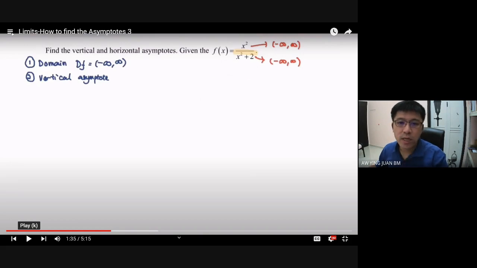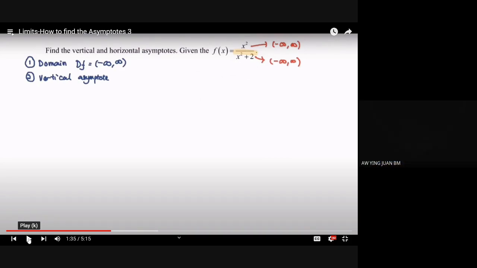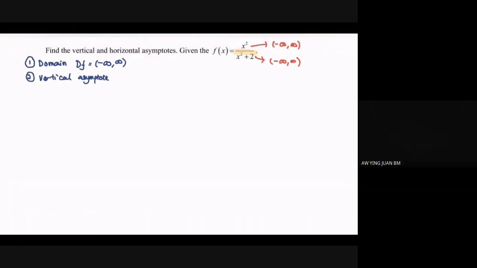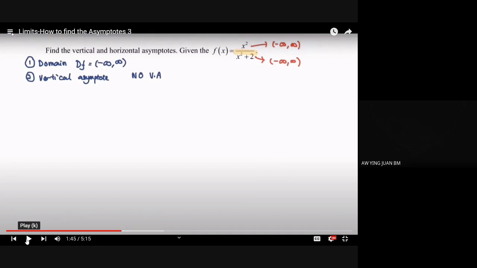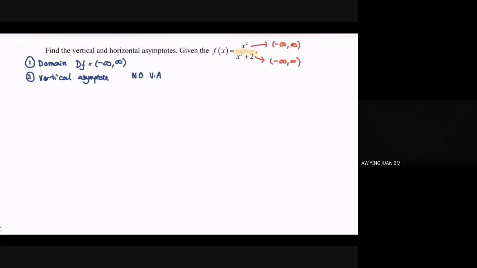If there is a domain restriction, there is an asymptote, so automatically we can pick and then straightforwardly list down or state that it is a vertical asymptote. In this case, the domain is all real numbers, so there is no vertical asymptote. So take note, no vertical asymptote. Meaning that vertical asymptote does not exist.